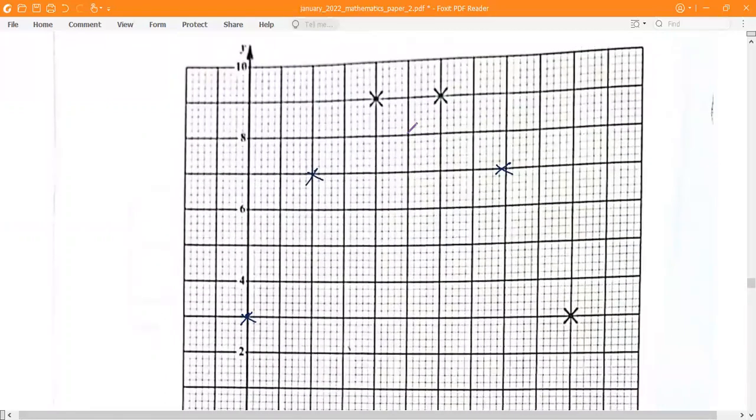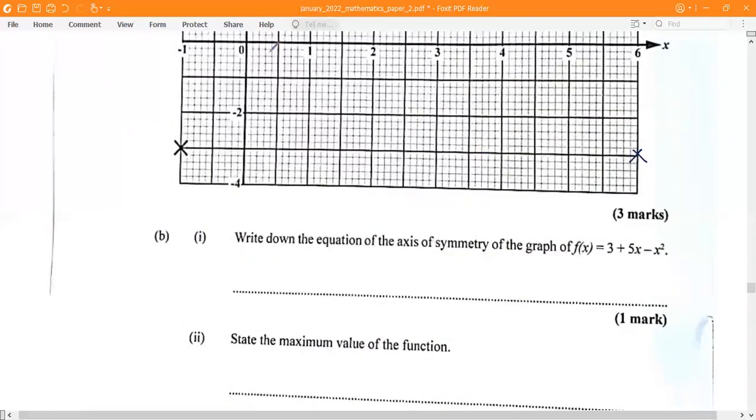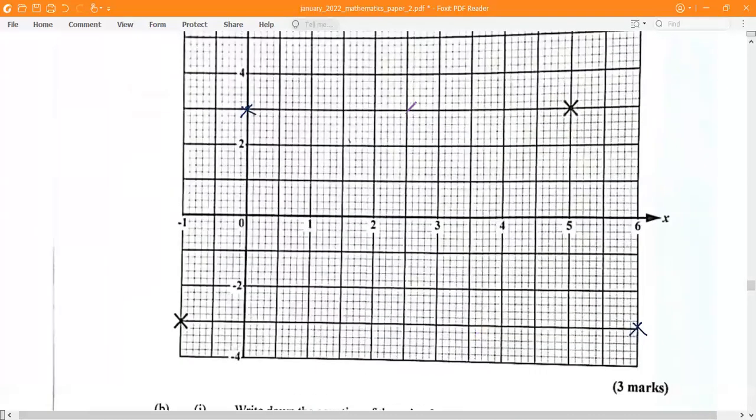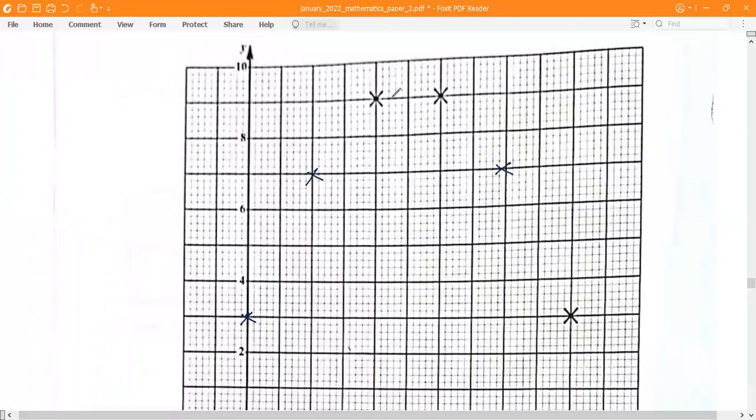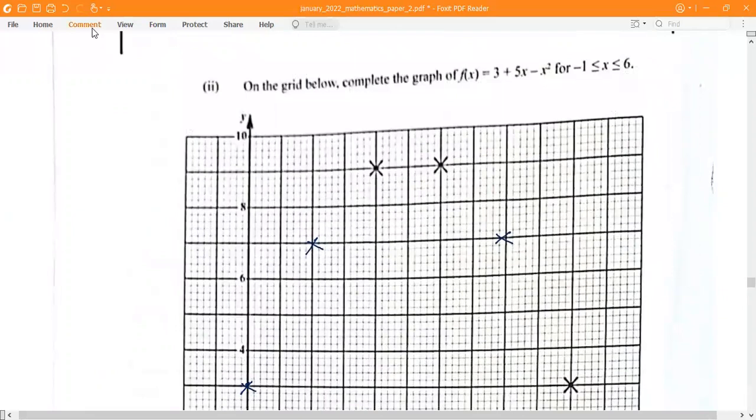All right, so when we look at this graph, we see that it has to be between these 2 points, right? The midway point between these 2 points, which looks like x is equal to 2.5. If we look at the scale, 1/2, 1, 1.5, 2, 2.5, it looks like x equal to 2.5.